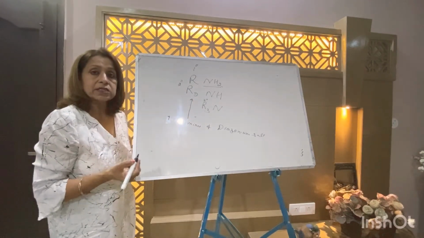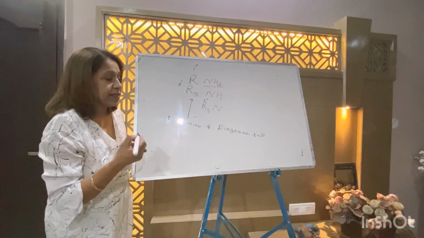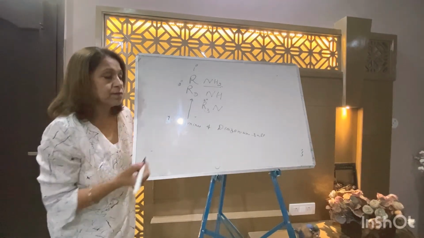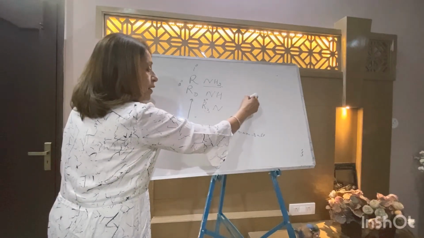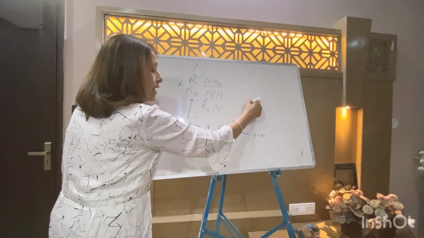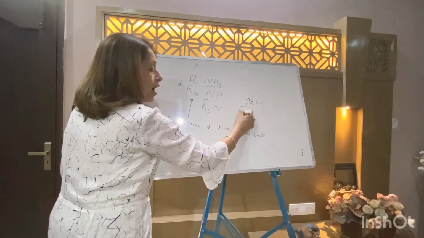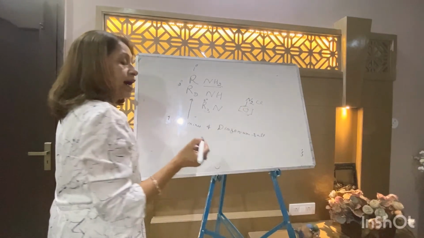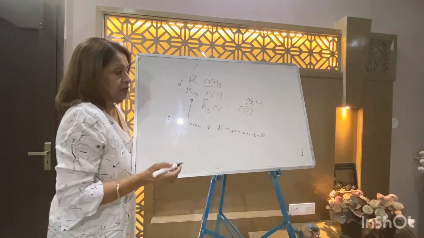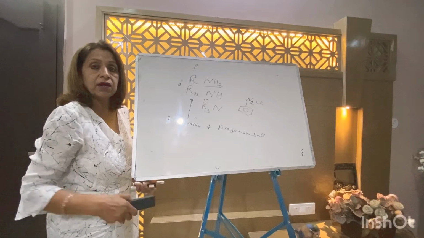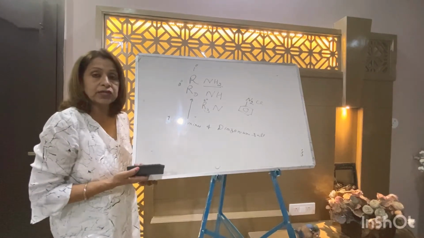So NH2 is primary, NH secondary, and N is tertiary. Diazonium salt is N2Cl attached to a benzene ring or an R group. It will come in the first chapter even. So this is all about the introduction of your 4 chapters.